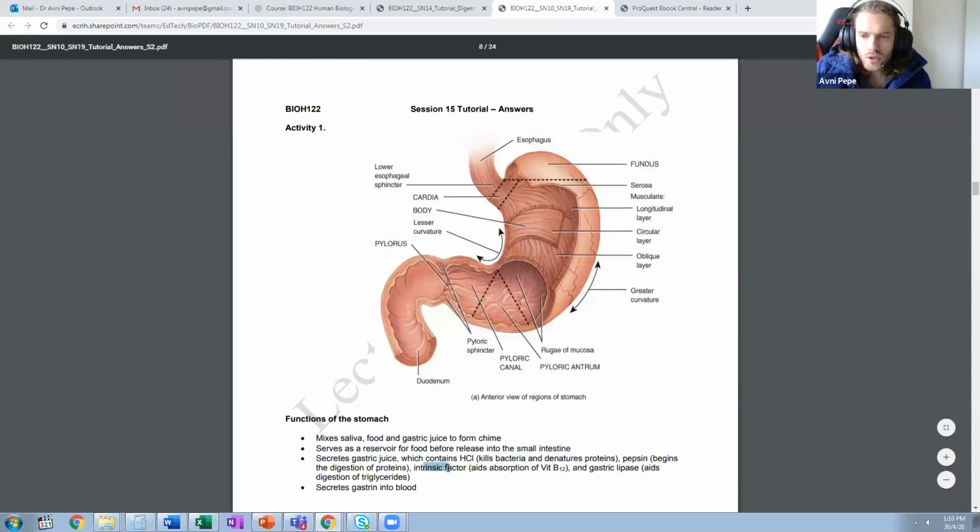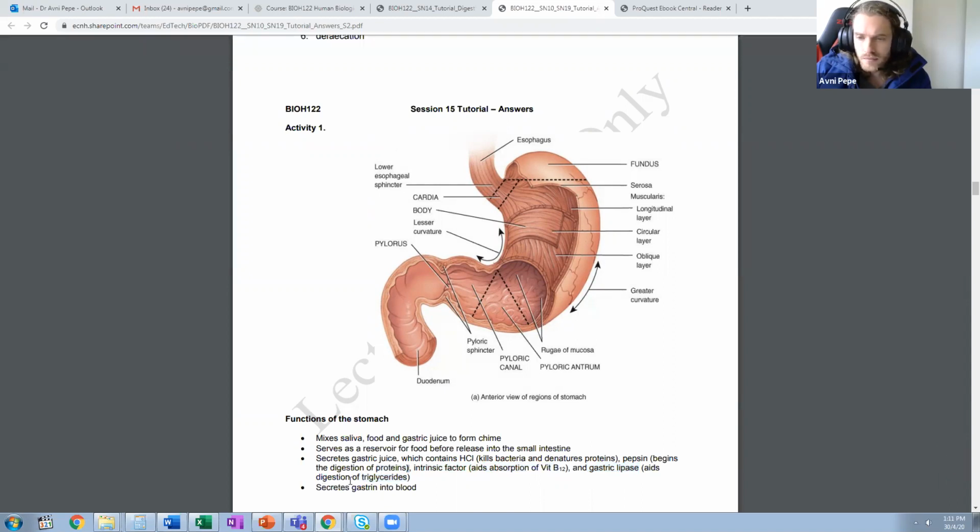Also releases something called intrinsic factor, which will aid in the absorption of vitamin B12. And gastric lipase, which will help to break down and digest triglycerides or fats. Also secretes something called gastrin into the blood as well. So there's some of the functions.